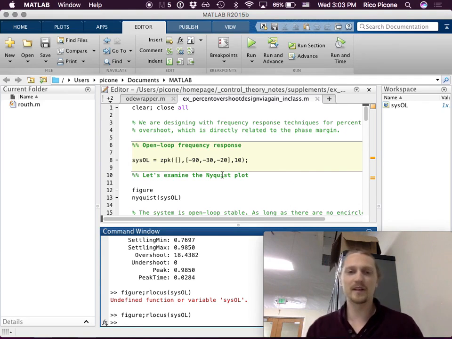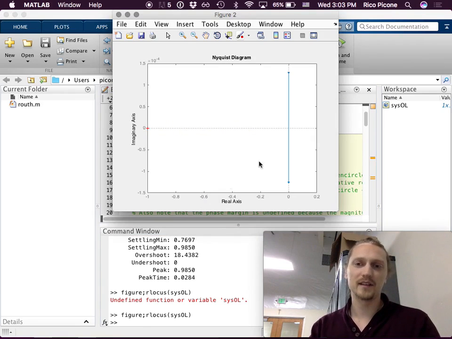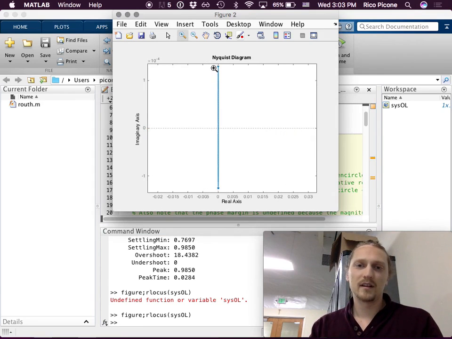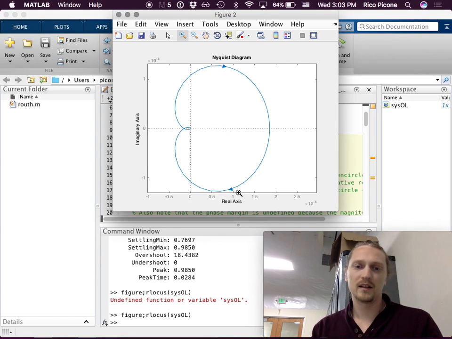You're pre-root locus, and you're going to look at the Nyquist plot for this. Okay, so it looks kind of similar, but we zoom in, and there's a loop.